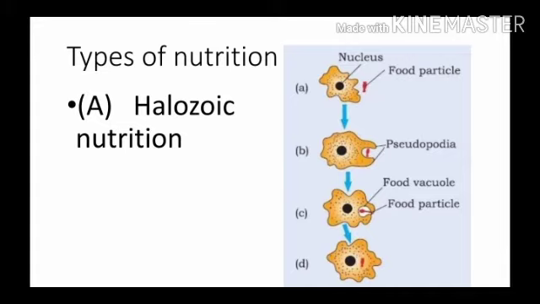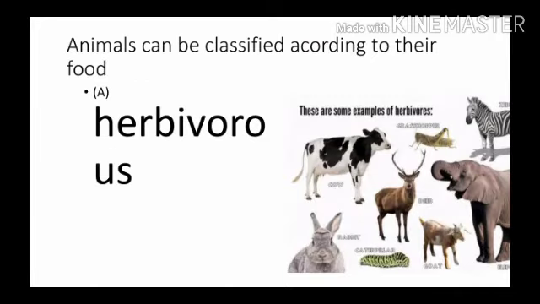Mosquitoes and bedbugs use a needle-like mouth part to pierce and a tube-like mouth part to suck blood or other fluids. This is called holozoic nutrition as shown in the figure. Example is amoeba.